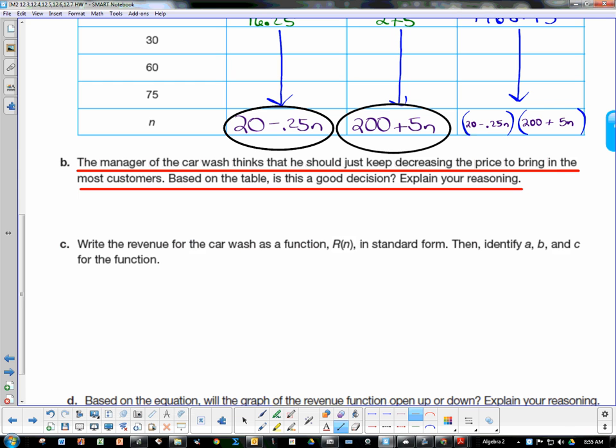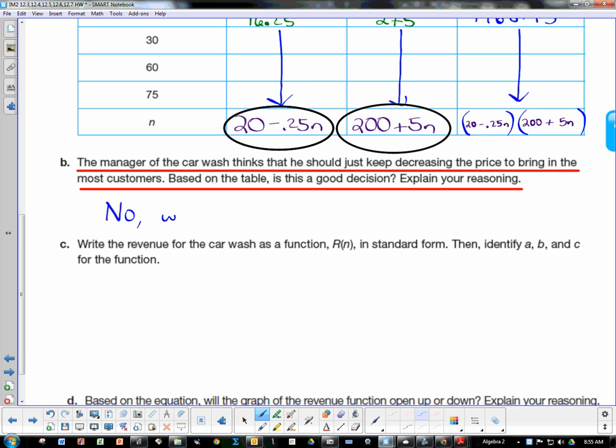Somewhere here, we're going to maximize the revenue, right? Somewhere. Well, I would think, let me just make sure. This is going to be a big no. Okay?